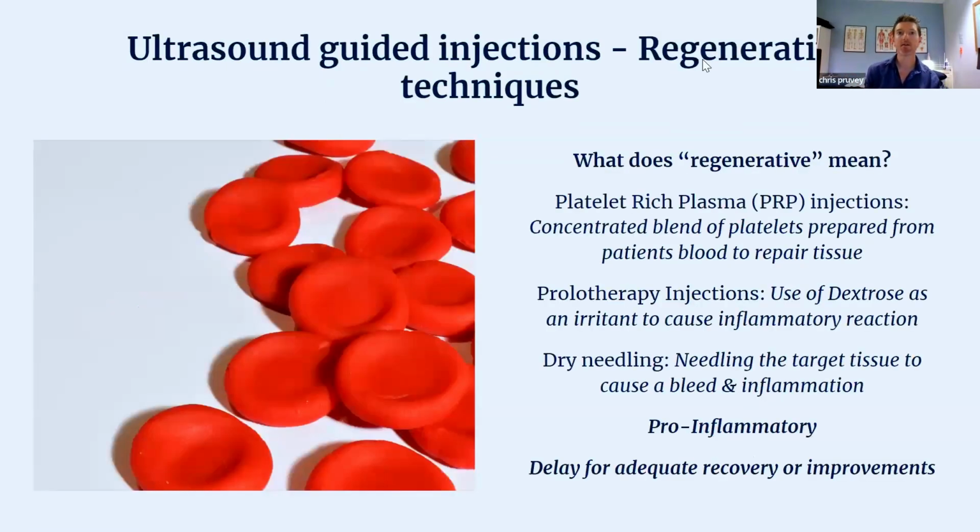And then regenerative injections. So we've got platelet-rich plasma injections, which some people use, and that is we take the blood, we venipuncture the patient, we take the blood, we spin it, we extract the platelets, which are a pro-inflammatory, pro-healing, regenerative part of the blood, and we basically inject it back in under ultrasound to the targeted area.